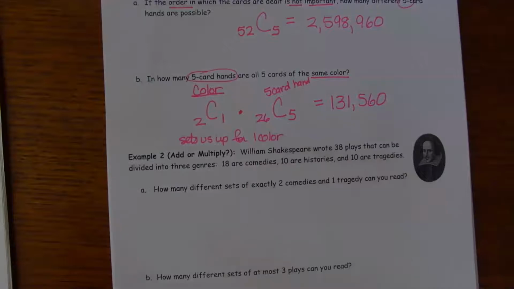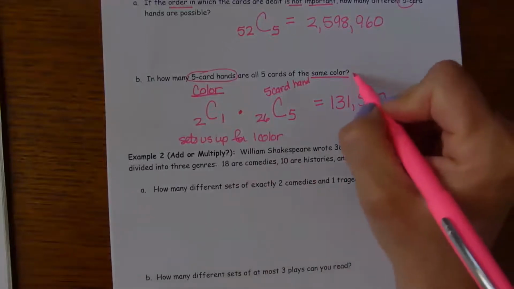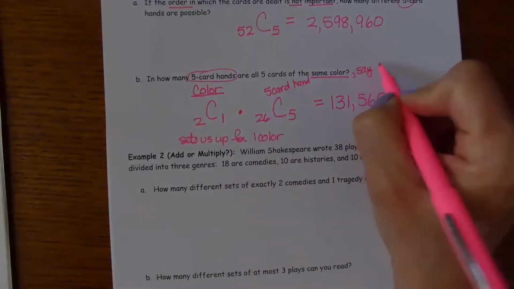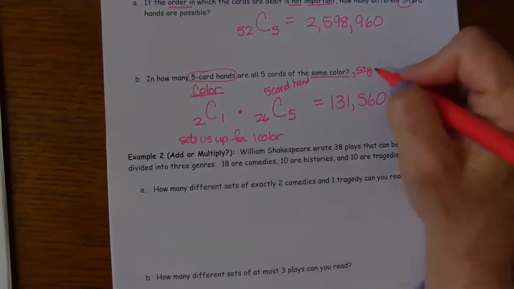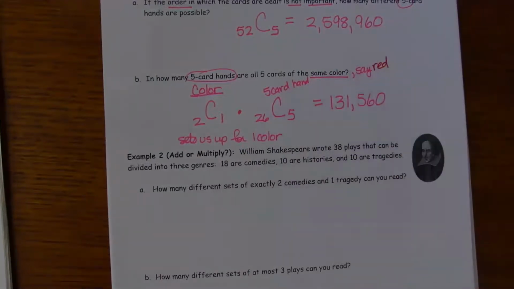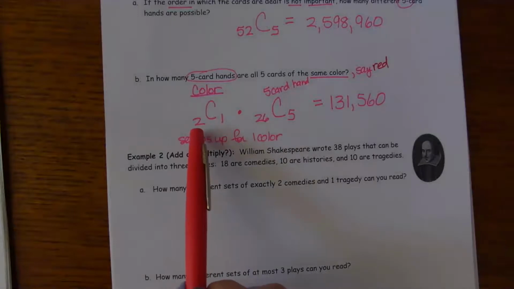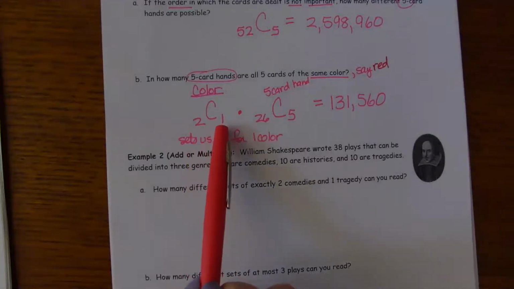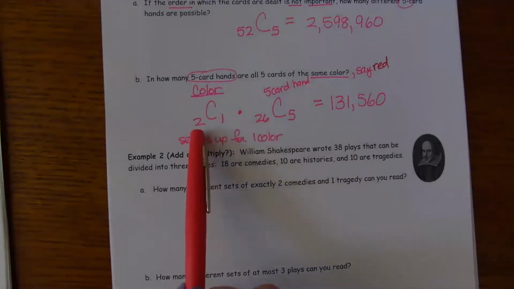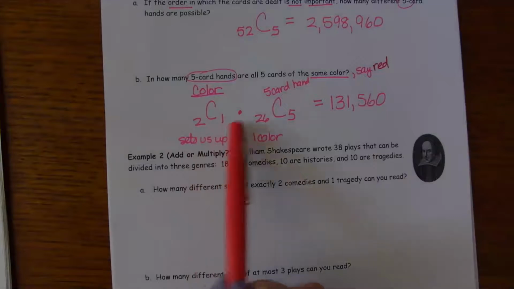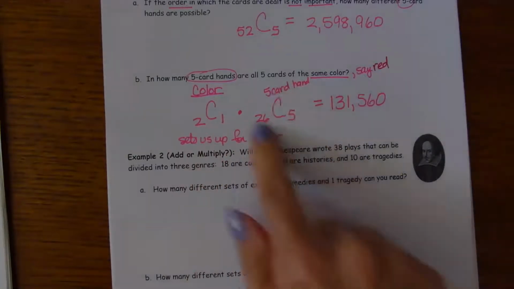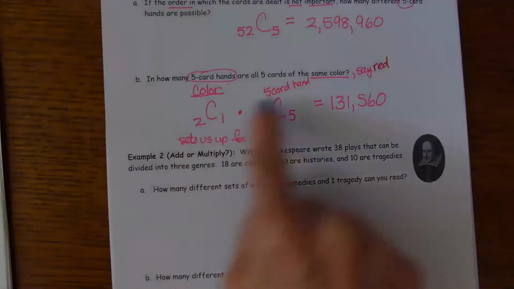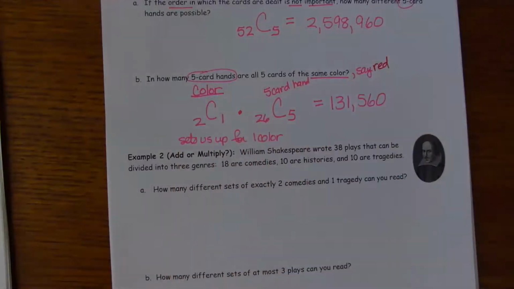Does that make sense? Let's do, say red. Say that I've decided I want red cards. All right, so I can pick a red card. I want 1 color out of 2 colors, and I need to multiply that by the 5 cards I want that are all red. So my second thing is saying the first qualification that I wanted is true.